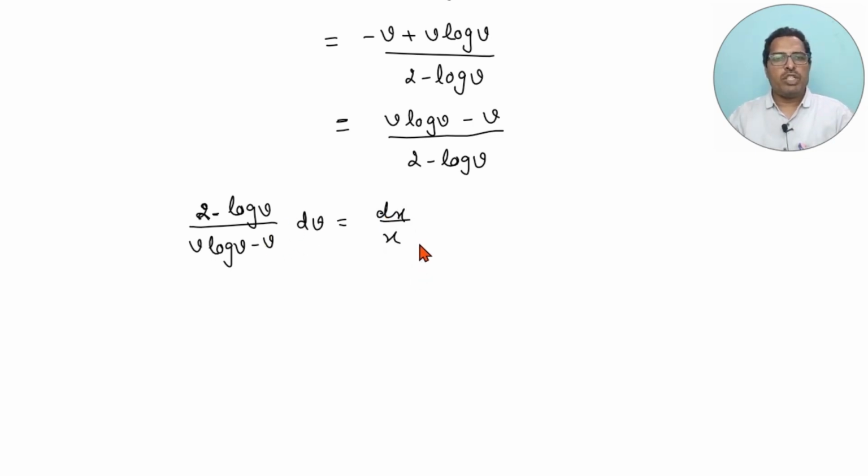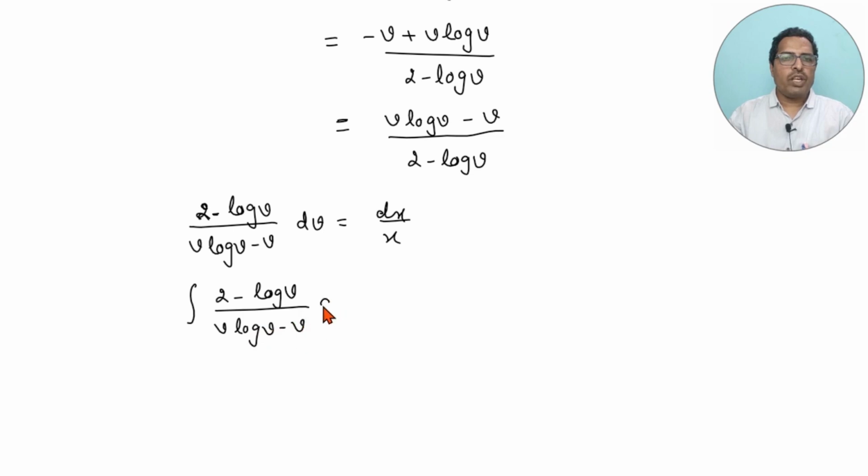Since it is in the variable separable form, we can integrate on both the sides. So the integral of 2 minus log of v divided by v log of v minus v times dv is equal to the integral of dx by x.